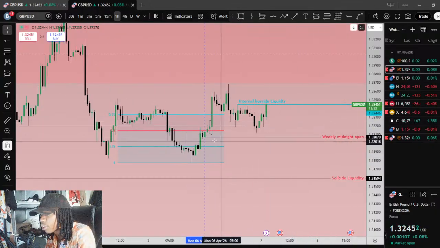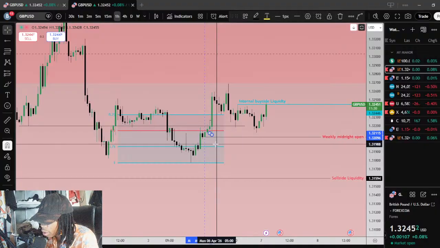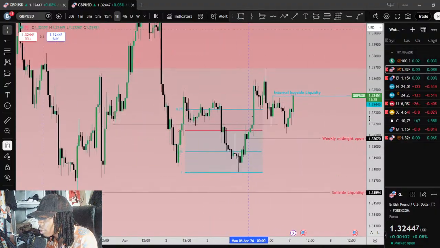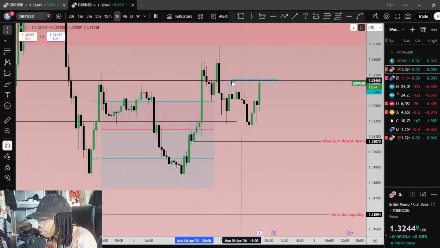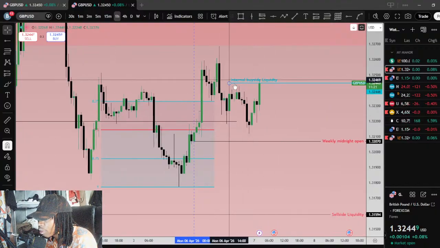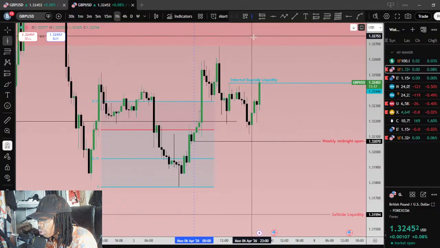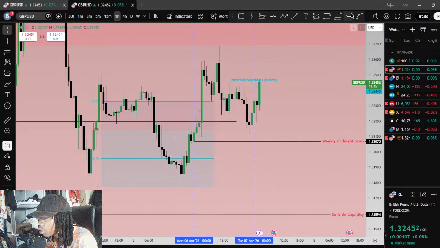There. So as I was looking at Pound, the first thing that captured my eye was these highs here. Then taking you to midnight open. Here's our midnight open.